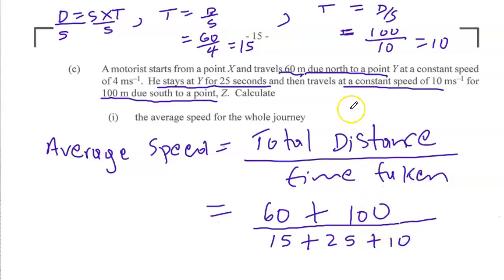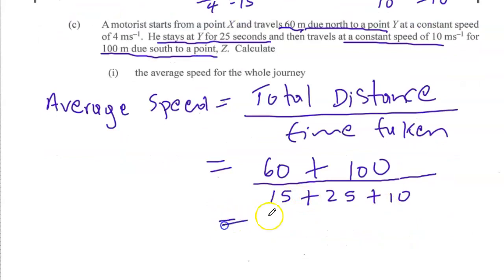So the time is in 3 phases. In the first instance, he travels from X to Y, and that was 15 seconds. Then he paused for 25 seconds, and then he traveled 10 meters per second for 100 meters. The time there is 10 seconds. So for the average speed, total distance is 160, that's this 60 plus this 100.